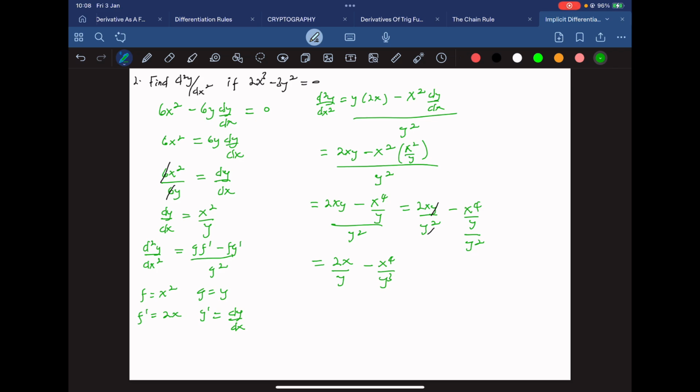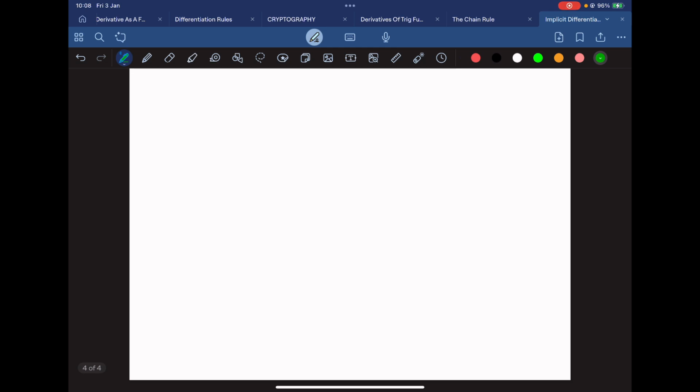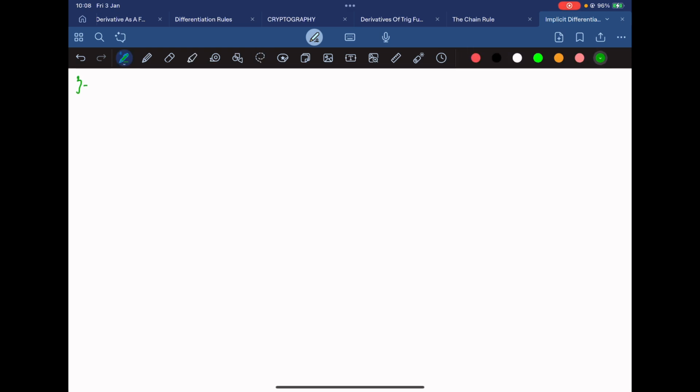Okay, let's move on to the third question. For question 3 over here, we are to show that the point (2, 4) lies on the curve x cubed plus y cubed minus 9xy equal to 0.